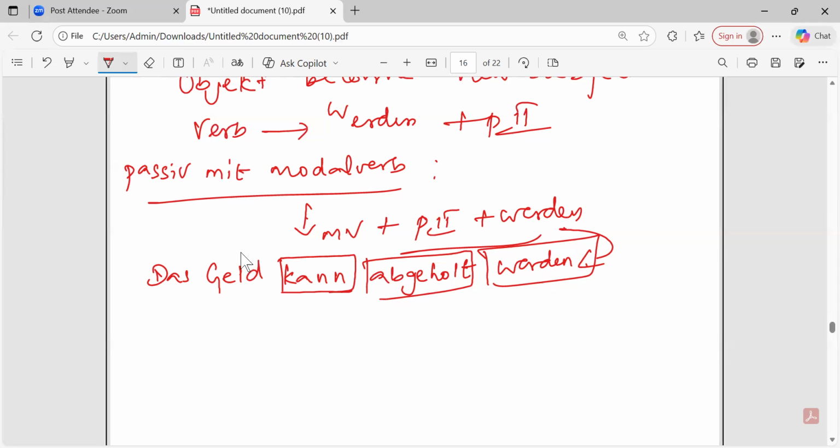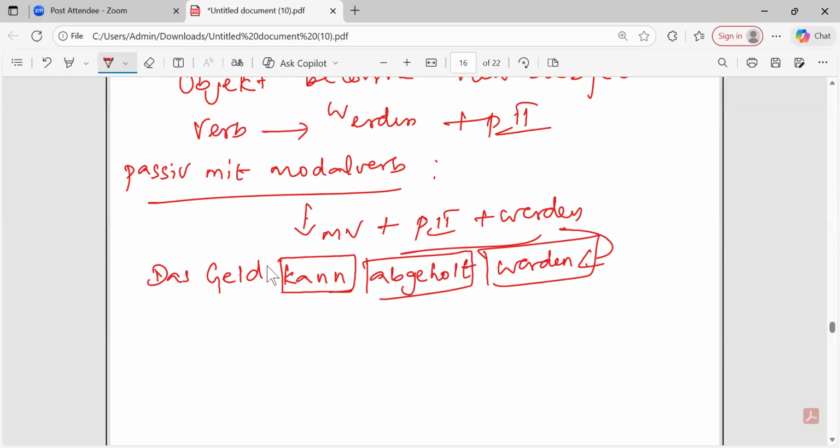Active is someone doing something. Passive is only that something is done. So how to do the passive? Take the object, the accusative, put it in front. Then use werden and the verb participle.